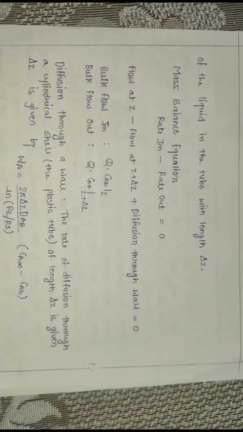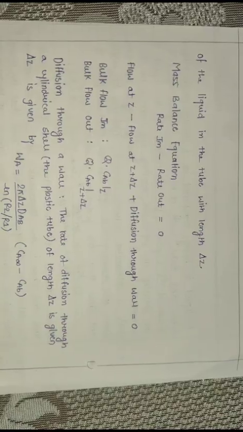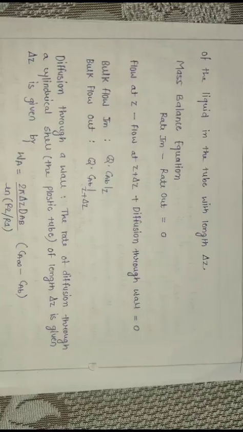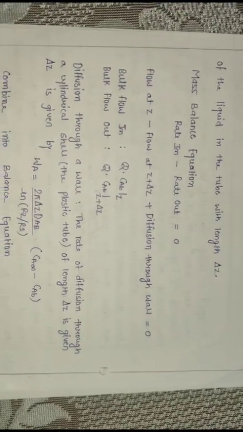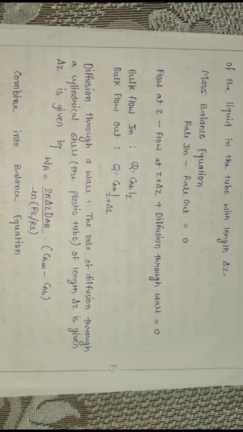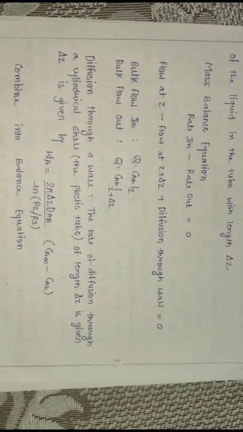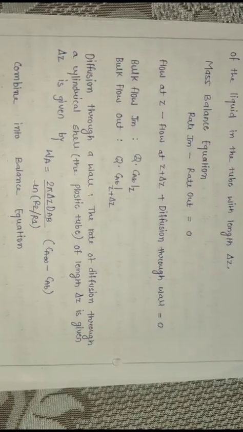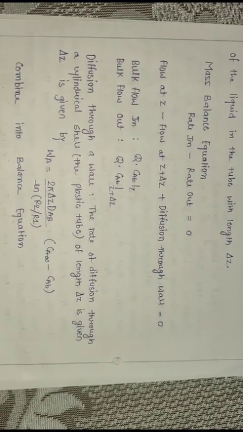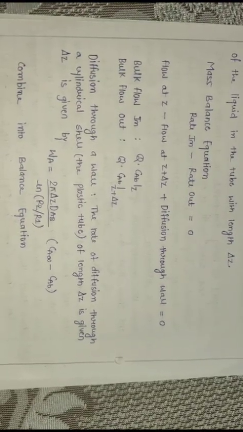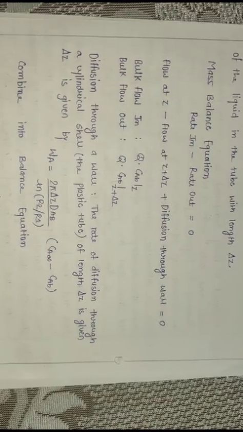Bulk flow in is flow rate times concentration at Z, and bulk flow out is flow rate times concentration at Z plus delta Z, and diffusion through the wall is the rate of diffusion through a cylindrical shell, that is plastic tube of length delta Z, given by WA equals 2 pi times delta Z, that is thickness, times diffusivity DAB upon ln R2 upon R1, that is outer radius upon inner radius, times driving force.